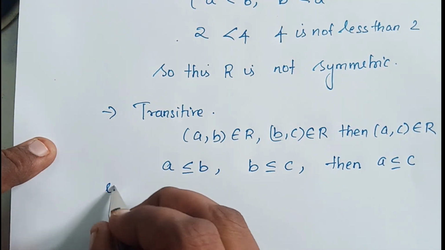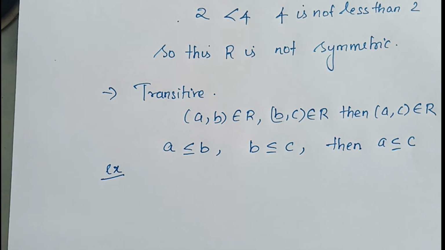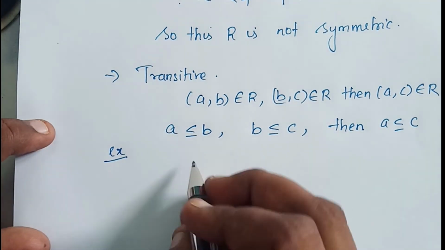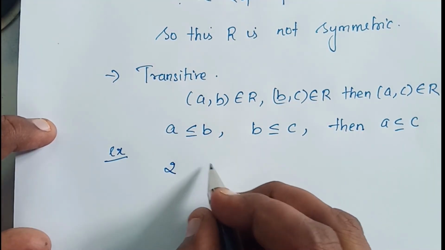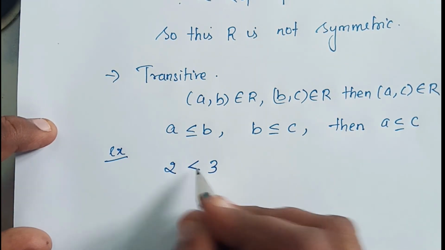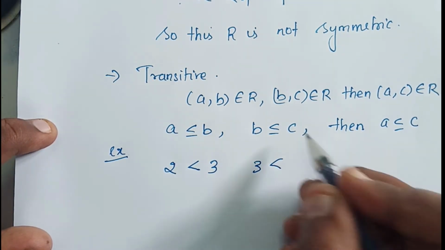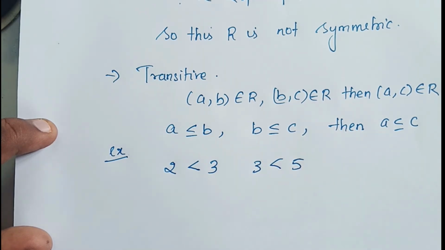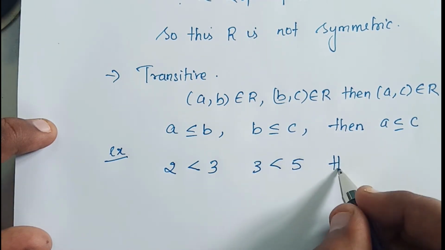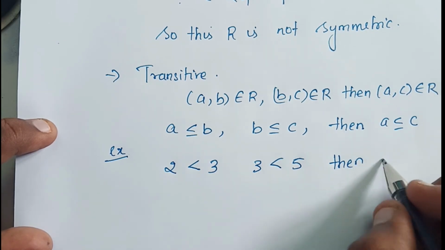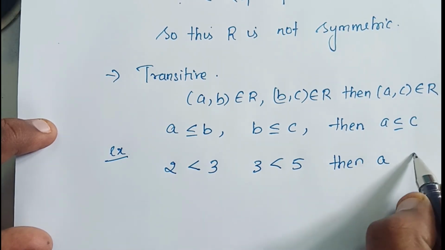So for example, I am taking A as 2, B as 3. So 2 is less than 3. Next, B is 3, right? 3 is less than, I am taking C as 5. So then what is A? A is 2. What is C? 5.